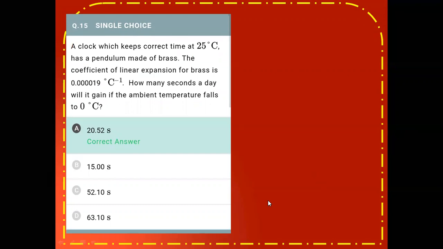Now let's see the next model. Earlier also I said a clock which gives correct time at 25 degrees Celsius.